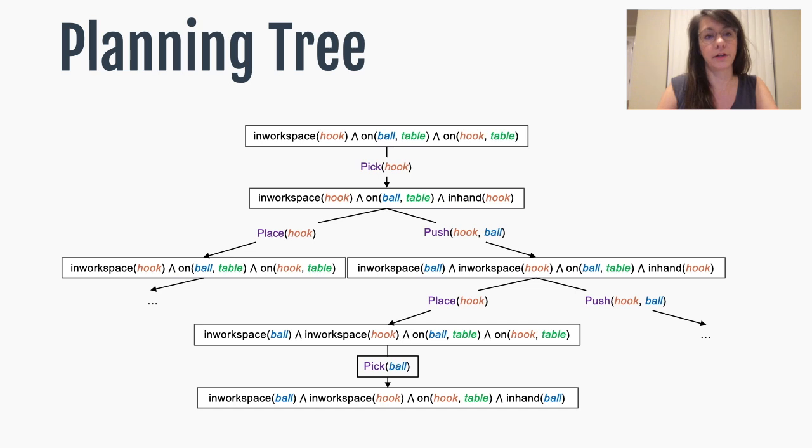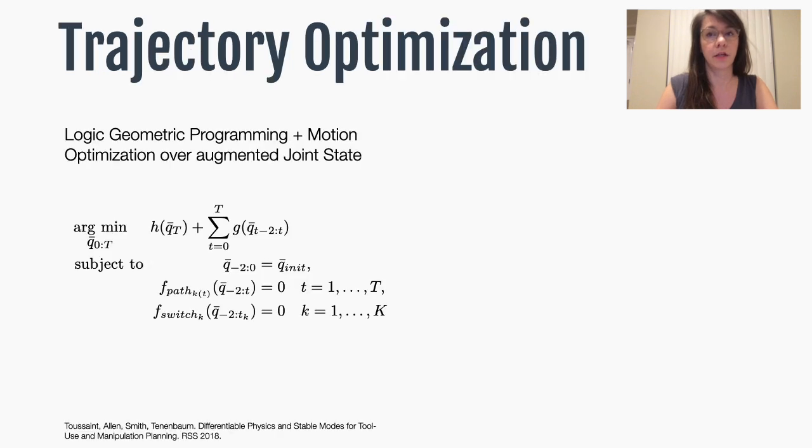All right, so now let's say we found this plan, basically a sequence of discrete states and actions. We still want to figure out, okay, is this plan actually possible for the robot to do? Can it have a continuous motion that can fulfill this plan and still follow the dynamics of the arm and the joint limits and all of these things?